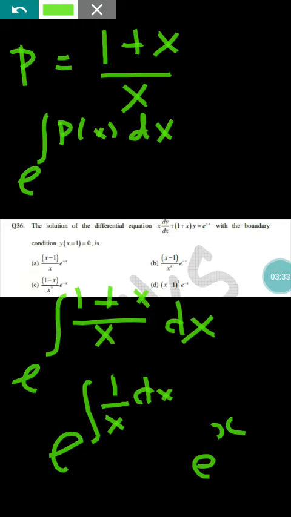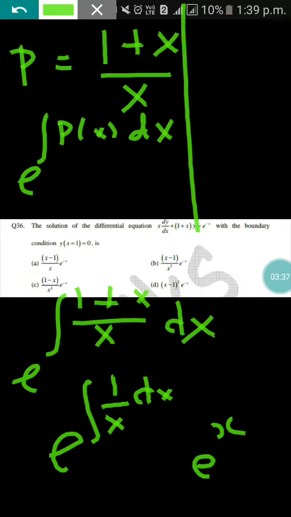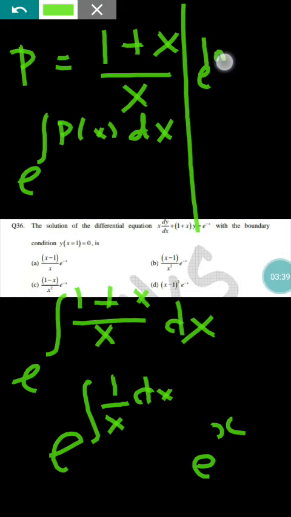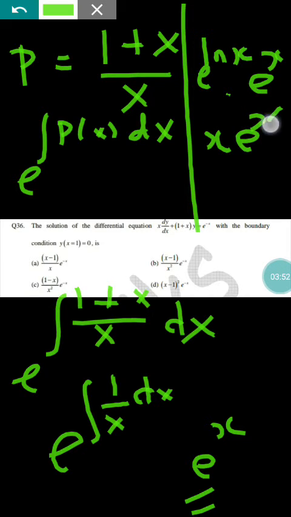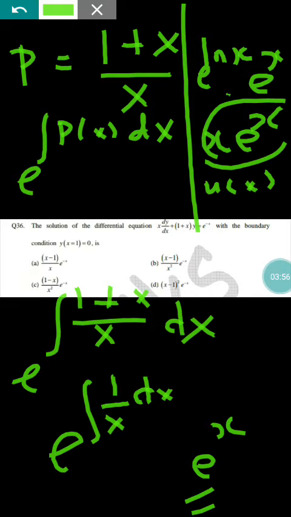The integral of 1 by x is ln x, so this is exponential of ln x times e power x. Exponential of ln x is nothing but x, so we get x e power x. This is u of x.